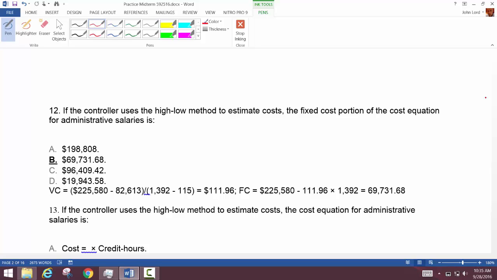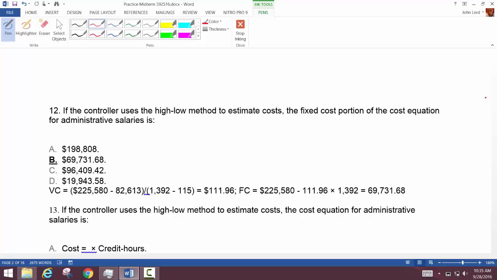Okay. All right. So why don't we go ahead and take a look at this one now? And now we're asking for the fixed. Did I jump? No. Yeah, we're okay. Now we're looking for the fixed, aren't we? Okay. So why don't you set up how you're going to think about that? Fixed cost equals what?